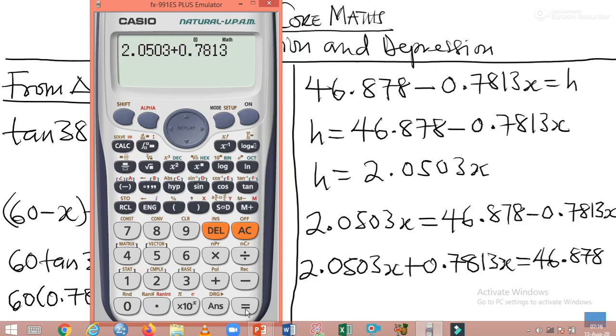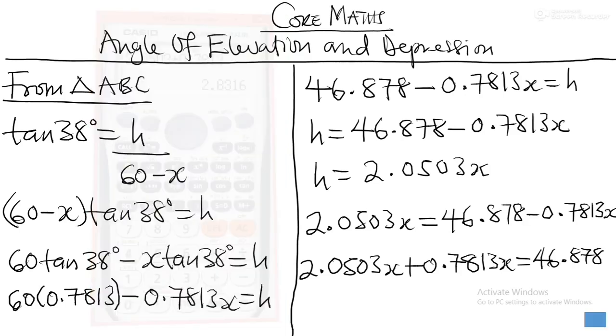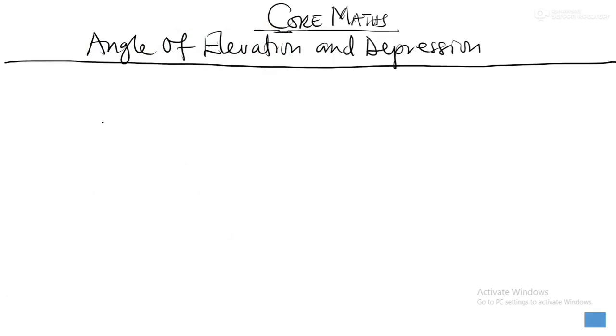Let's see what we'll get. We are going to get 2.8316. So 2.8316x is equal to 46.878.